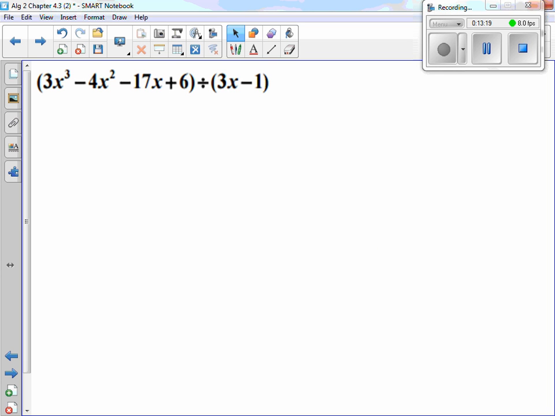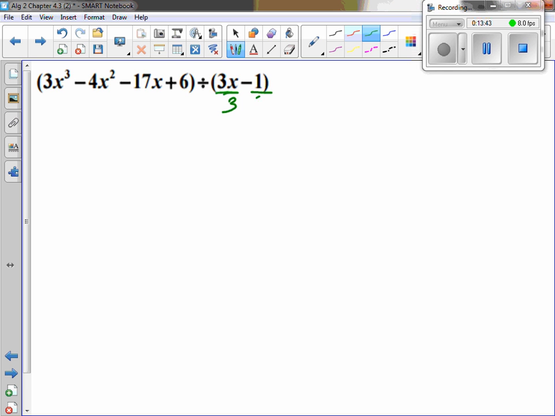Let's look at this one here. This one here has a slight problem. And it's coming with the fact that what we're dividing by is a 3x. I can't have it as a 3x. Well, that's easy, right? I can divide it by 3 and I just have x, yes?